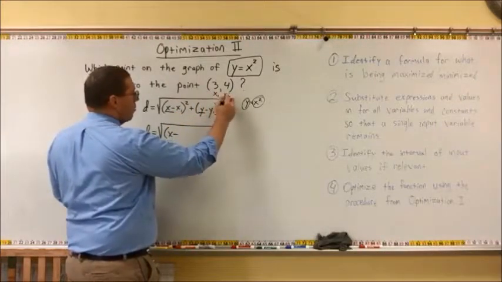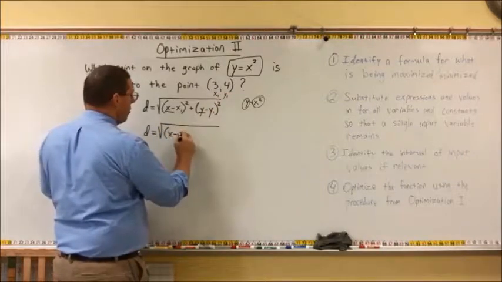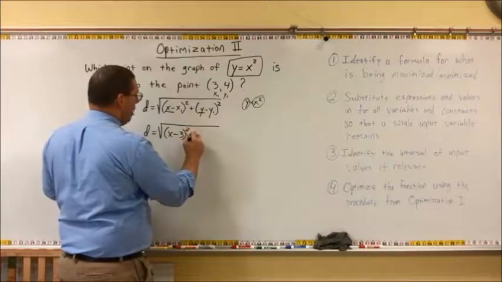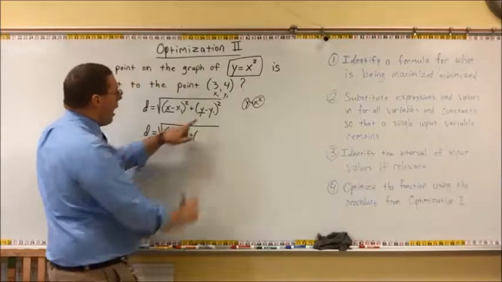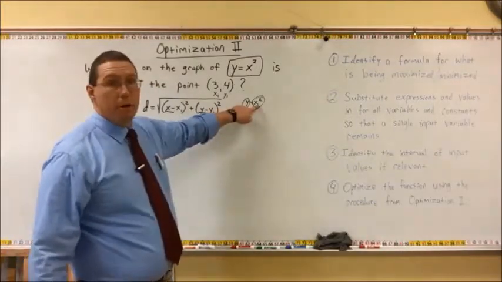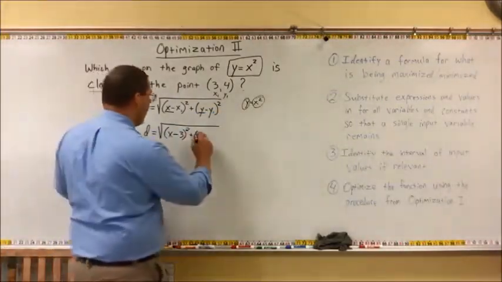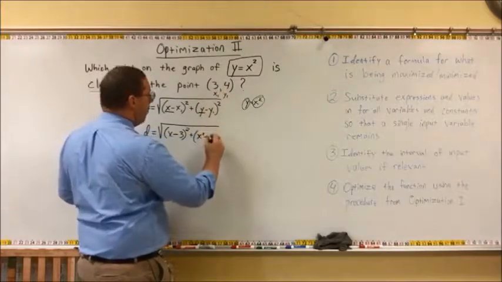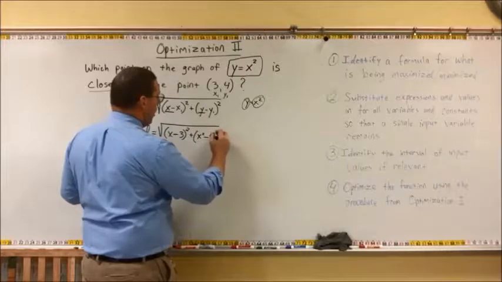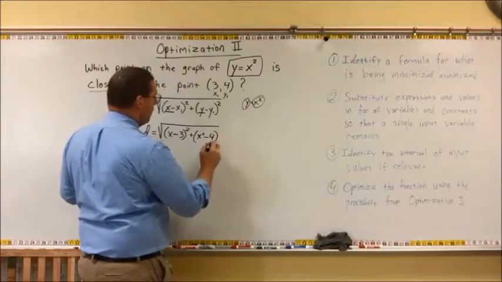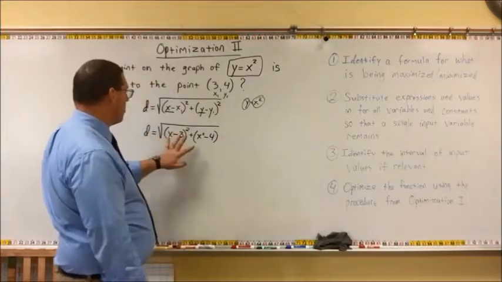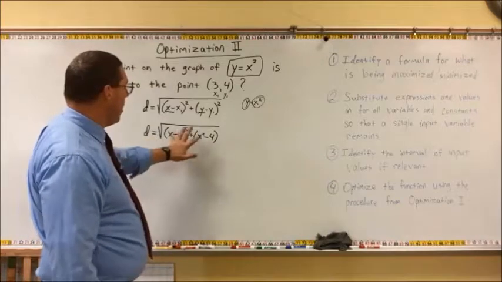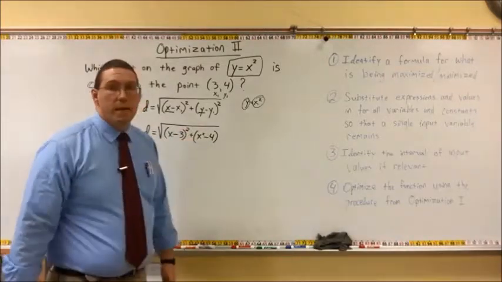This is x1 and that's y1. So x1 is 3, and instead of y, we put in x squared. Instead of y1, we put in the y value 4. There we go. And so this is now our distance formula, and this is what we want to minimize.